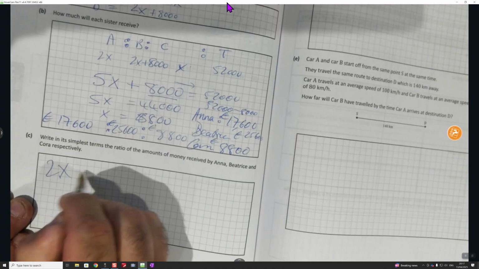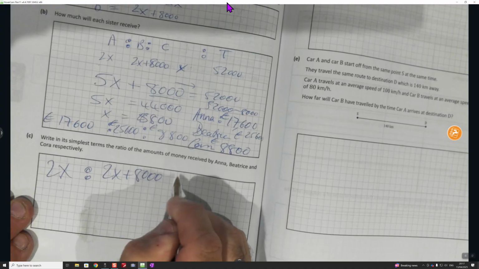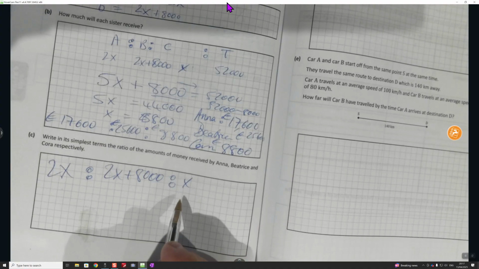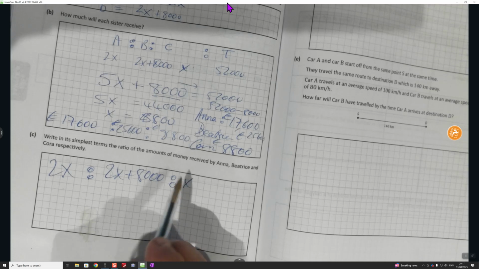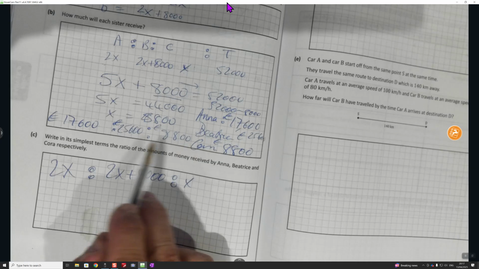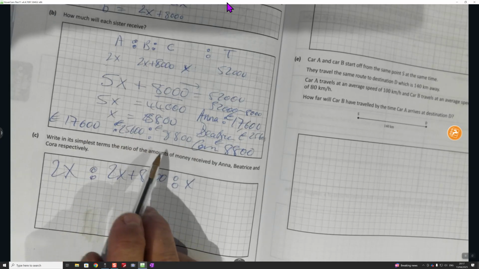So I had said it's 2X is to 2X plus 8000 is to X. Now that I know what X is, I can break that down in a simpler way. I mean, we can just look here and knock off the two noughts. But there is further in common between them.